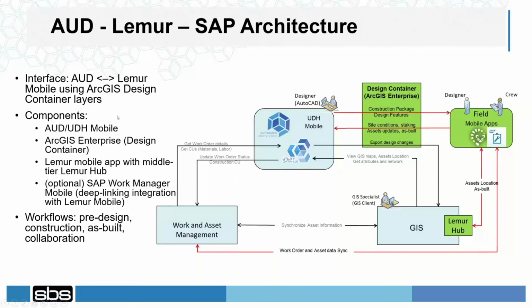So our interface is using design container layers implemented with ArcGIS Enterprise, and the red lines really represent our integration implementation with Lemur technology. And on the client side, you see Lemur running side by side with SAP Work Manager, connected and updating work and assets in SAP. There is also Lemur Hub that is required to create those packages and upload them to the Lemur application.